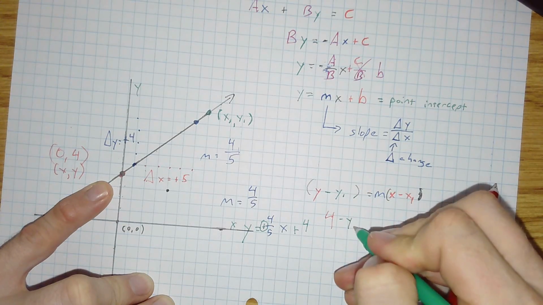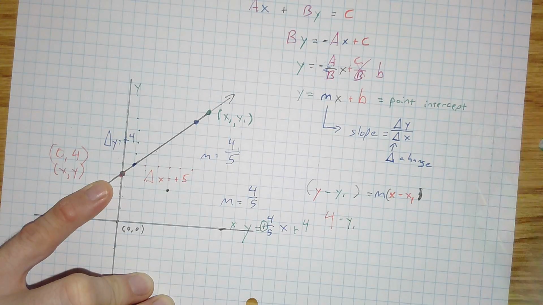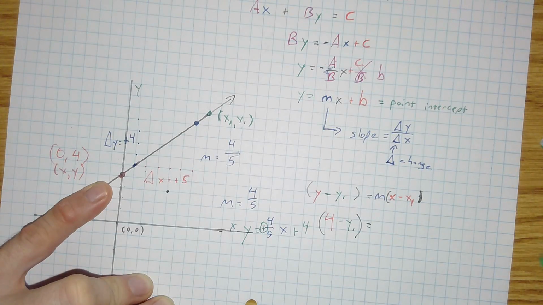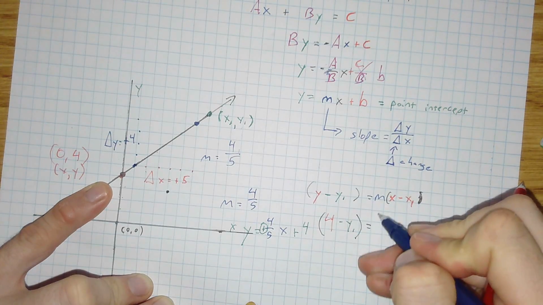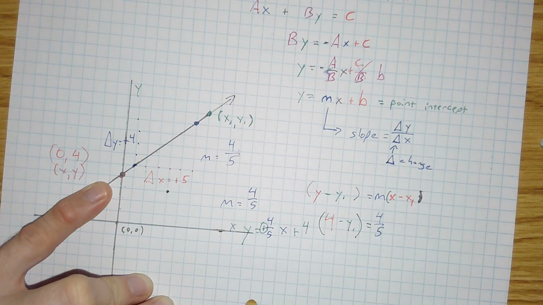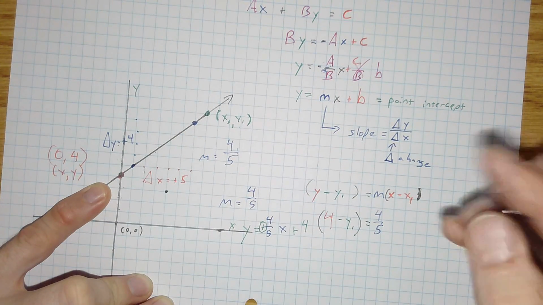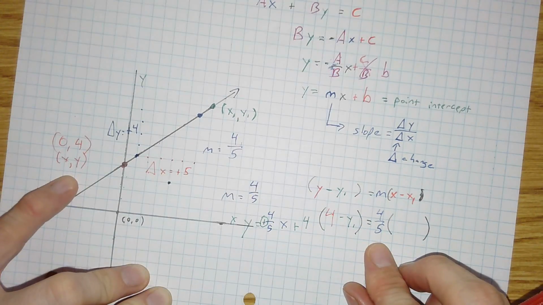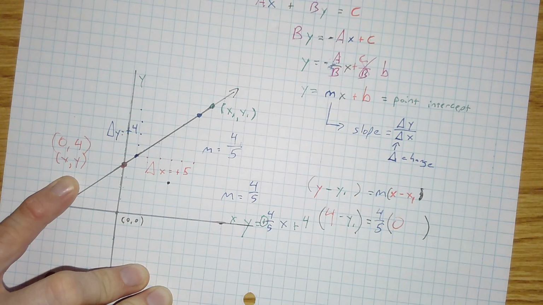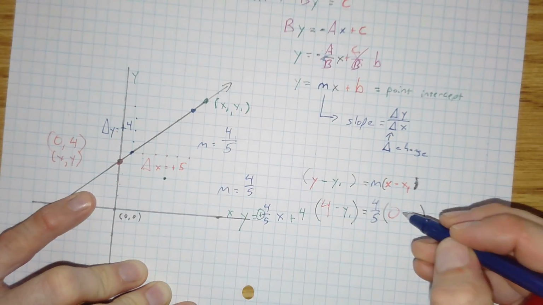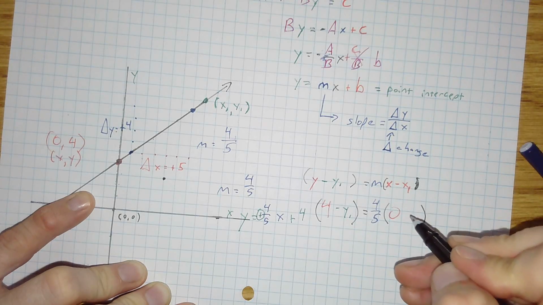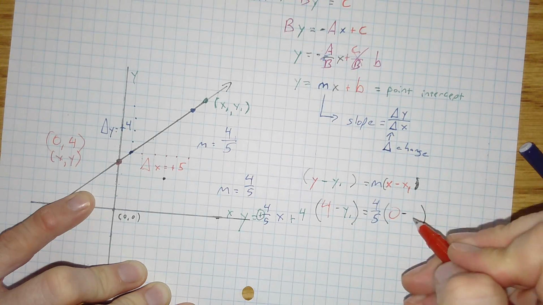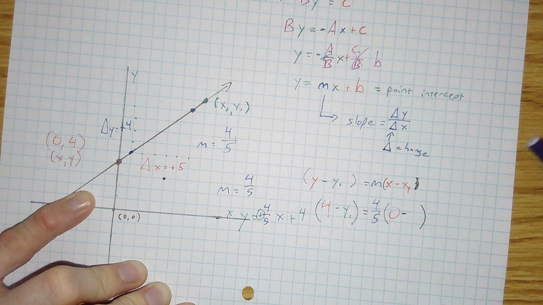Minus y sub 1 equals our slope of 4/5, times our quantity of our x value, which we know is 0, minus our x sub 1, which is green.